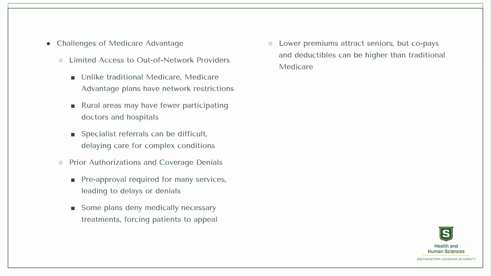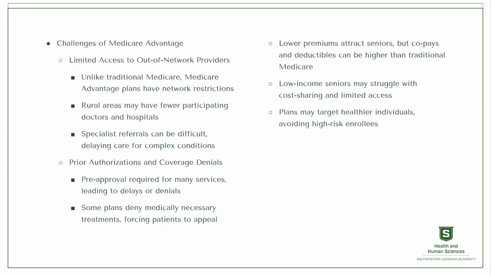While the premiums are lower under Medicare Advantage, the co-payments and deductibles are higher than traditional Medicare, which means that low-income seniors tend to struggle with the cost-sharing element of it. And when you add limited services and limited access, it's going to make it even more difficult for them.